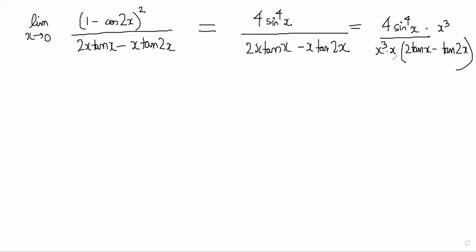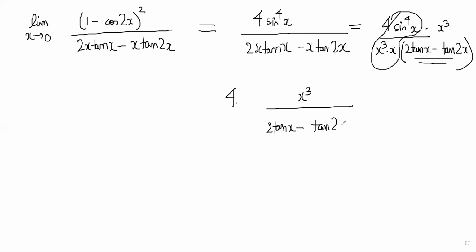This is what is coming. So this part is sorted. You just have to find out this limit. That also we can split and do it. Like we can bring x cube down and divide, and then the 2 tan x by.